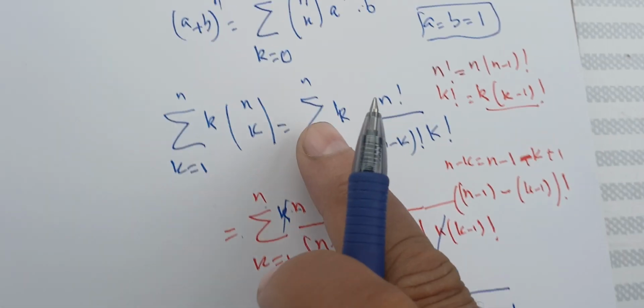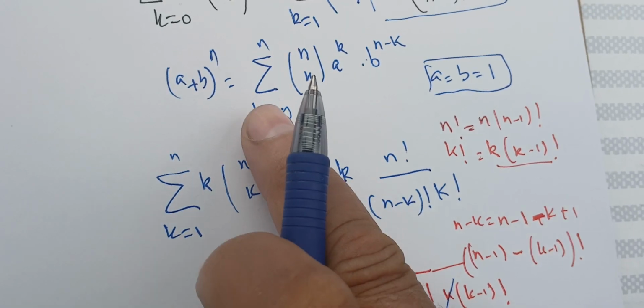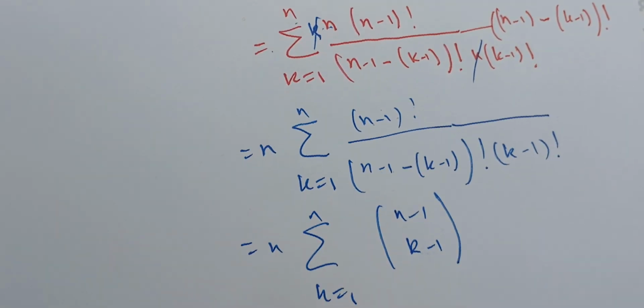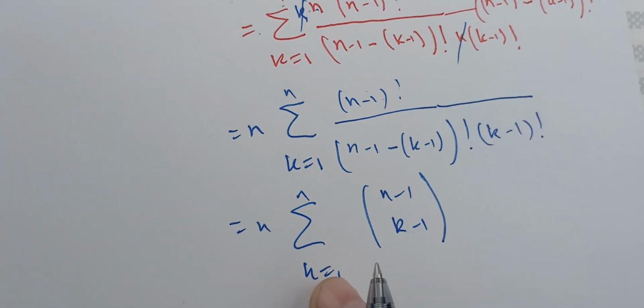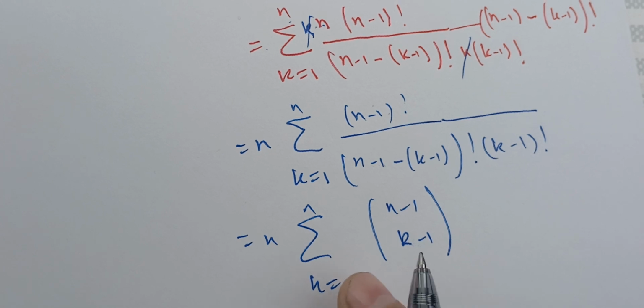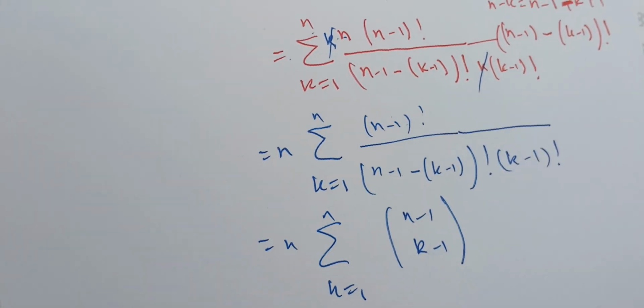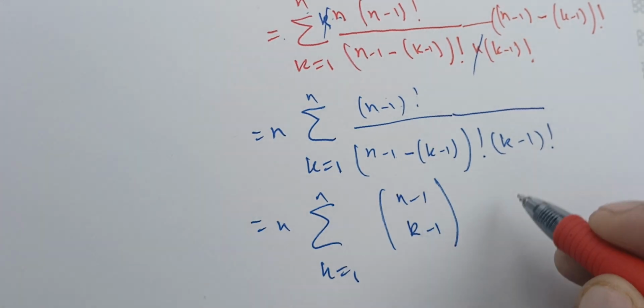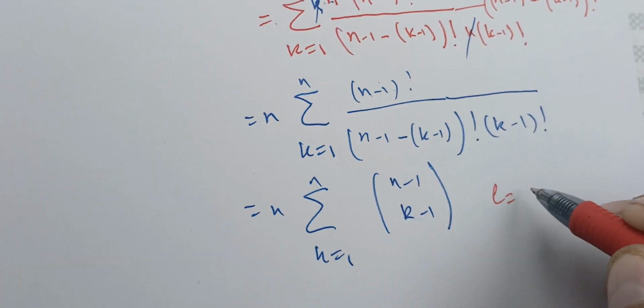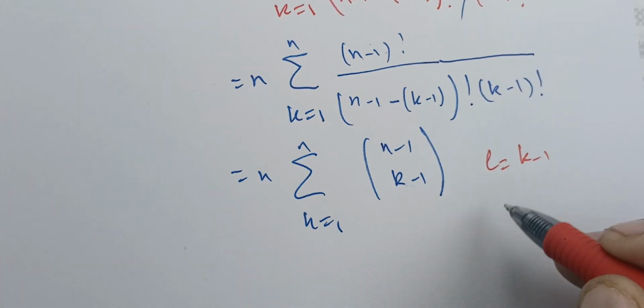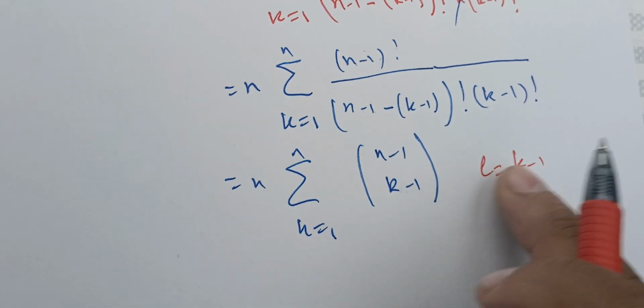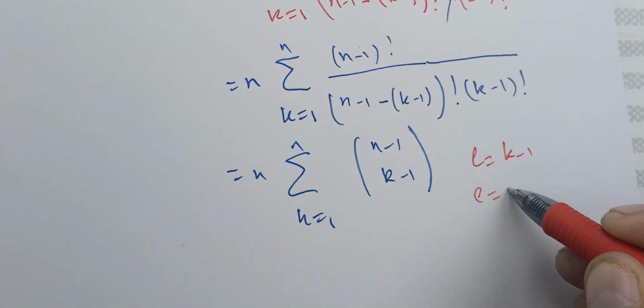Now, the binomial theorem starts from 0, so I need to start from 0. To do that, I can use a change of variable. Let's call l equal to k minus 1. So when k is 1, l is 0.